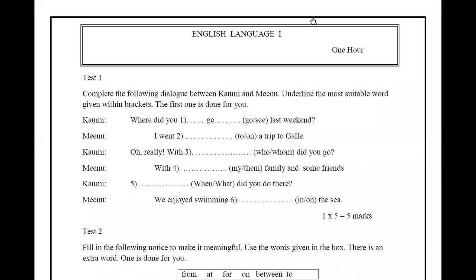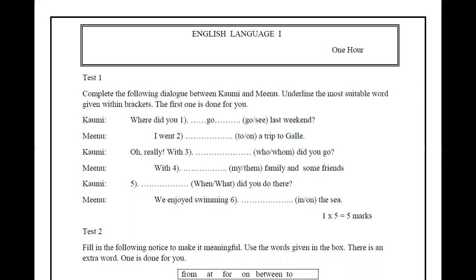Again, we can see I went to a trip to golf, or I went on a trip to golf. So guys, what's making sense? Normally we use on. So it will say I went on a trip to golf, which means Meenu has gone on a trip to golf. And that is the answer she's giving when Kaumi is asking, where did you go last weekend?